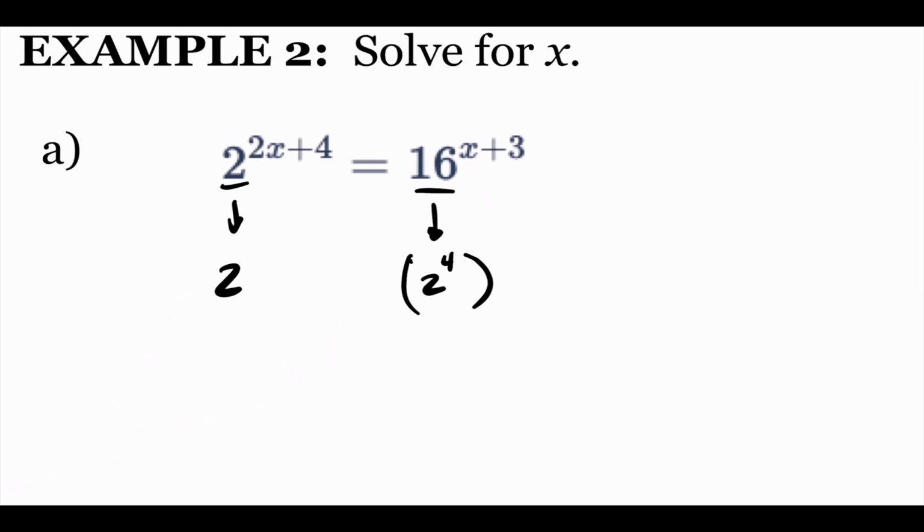I didn't change the number, I'm just changing the way it looks. This guy already has a 2, so it doesn't need any changing. So I rewrite everything the way it is.